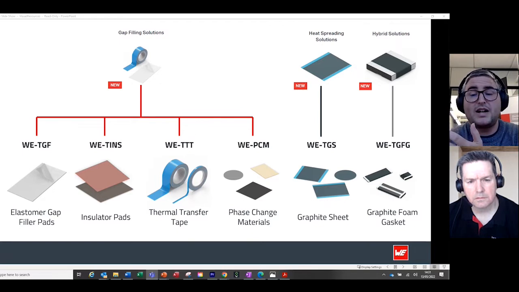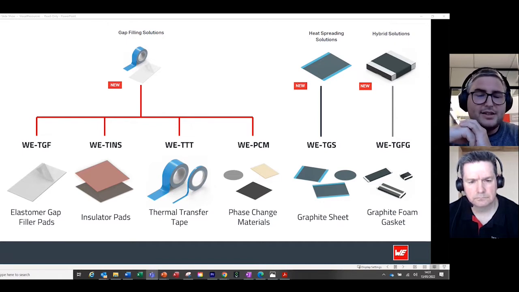So what this material brings to the table is that it's solid at room temperature because it's based on wax, like candle wax, basically. So it's really easy to handle. It's hassle-free. You don't need any special dispensing equipment on your assembly line that can lead to leaks and so on.